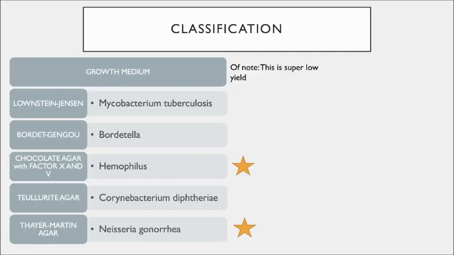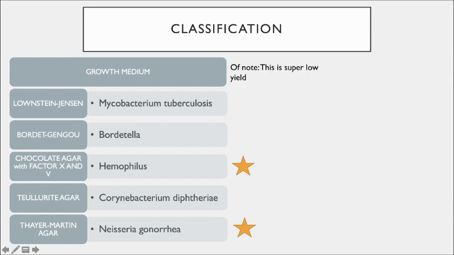Last thing here on growth medium, I've only included this slide because, again, it pops up every now and again, but I really would not put a lot of effort into memorizing this. If you are going to pay attention to it, maybe focus on Haemophilus, which is on chocolate agar fortified with factor 10 and 5, and Thayer-Martin, which is associated with Neisseria gonorrhea.